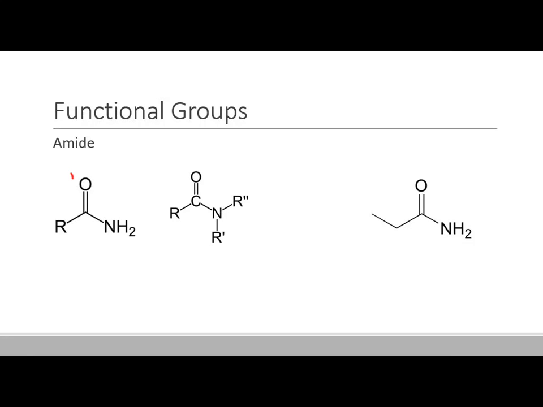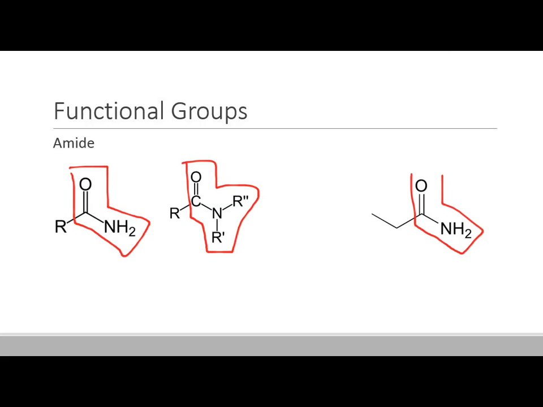What we do have is a carbonyl attached to some kind of nitrogen group, all right? And that could be a nitrogen with one hydrogen or two hydrogens or zero hydrogens on it. It really doesn't matter. It's that nitrogen directly attached to that carbonyl carbon. So here you can see that we have our carbonyl carbon, and then we have this nitrogen group attached to it. So that's an amide.